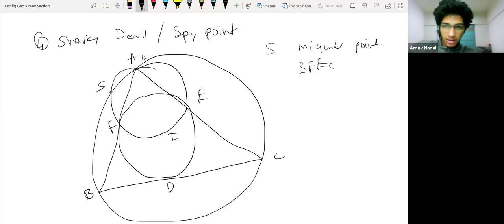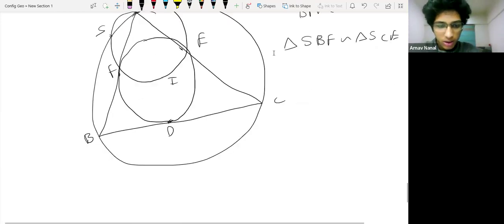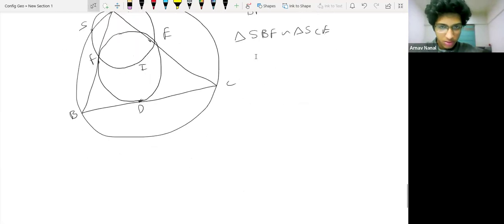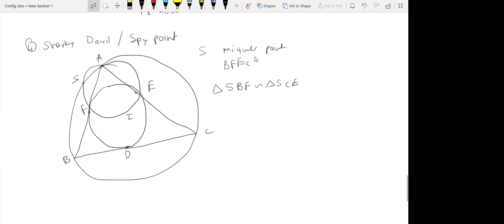Just like here, the F and E are different, they are the touch points of the incircle, but it's the same thing. So obviously it follows that triangle SBF is similar to triangle SCE. Okay, so I guess we have done ratio lemma, right? Have you done ratio lemma? Wait, how is it defined again? Sharky-Devil point?